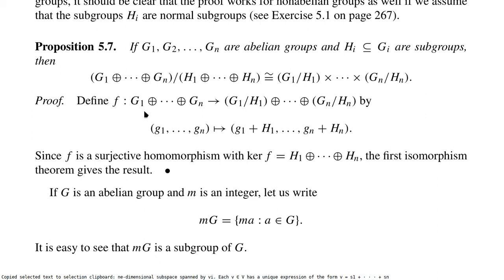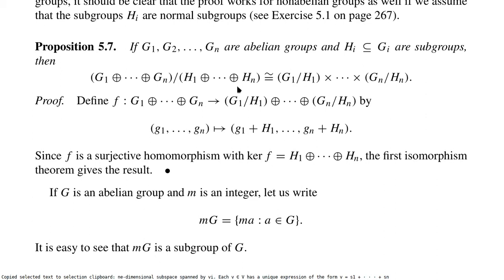So it goes from G1 ⊕ ... ⊕ Gn up until G1 mod H1 ⊕ ... ⊕ Gn mod Hn, right? So these are the quotient groups. And these are of course well-defined quotient groups because subgroups in abelian groups are normal, right? So this works out.